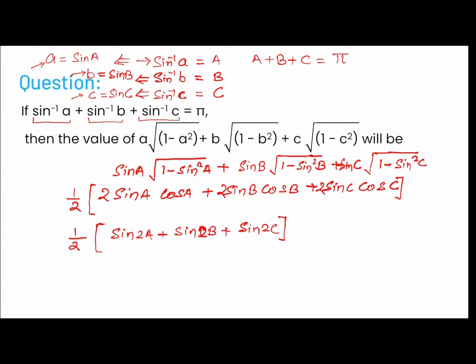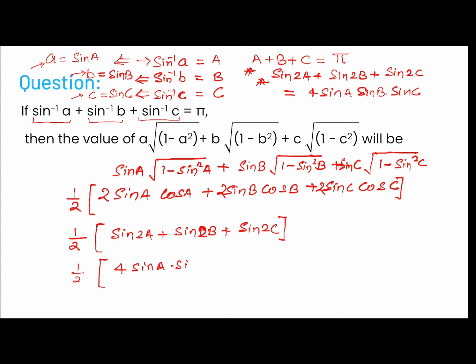And we know that if A plus B plus C is equal to pi, we can use that sin of 2A plus sin of 2B plus sin of 2C is equal to 4 times sin A into sin B into sin C. So that is why we proved it earlier, because it will be useful here. So we can replace the value. This is 4 times of sin A into sin B into sin C.